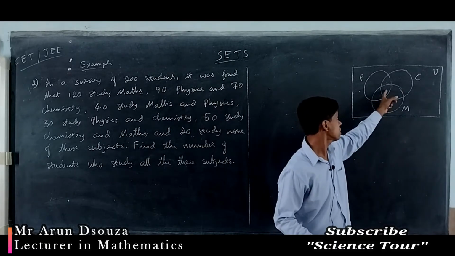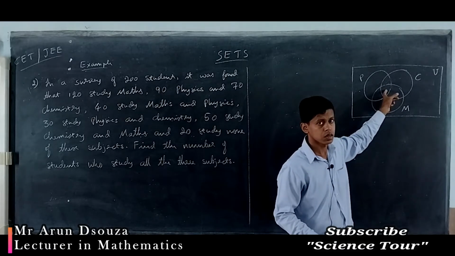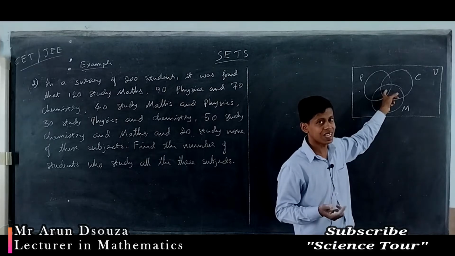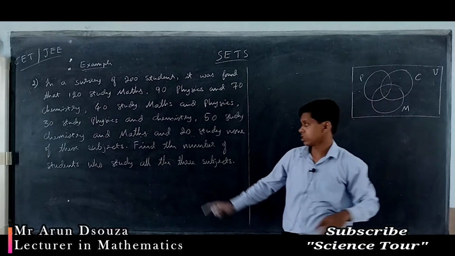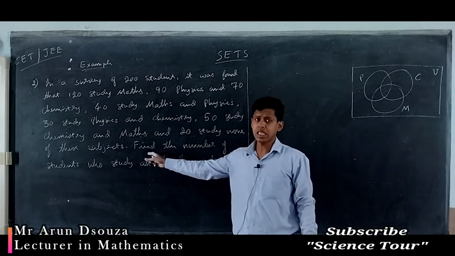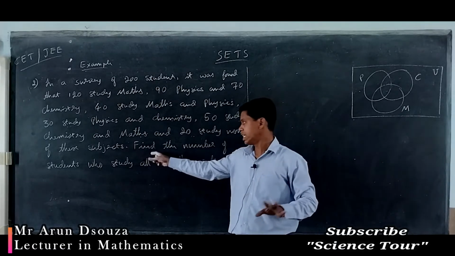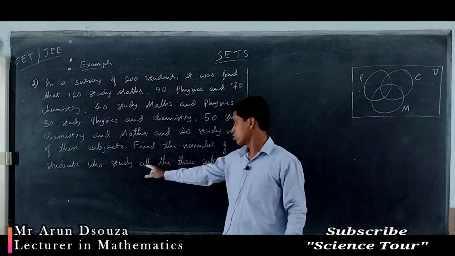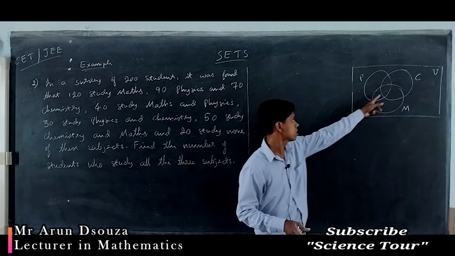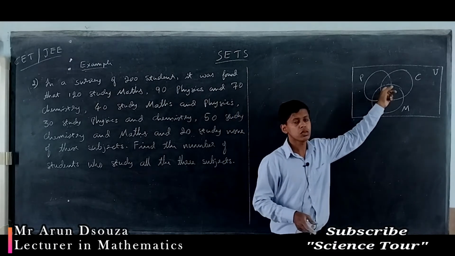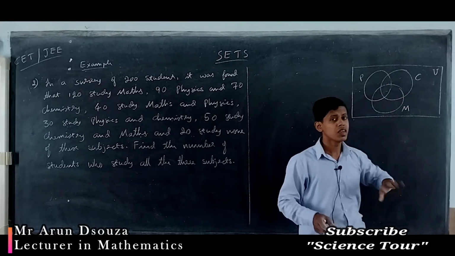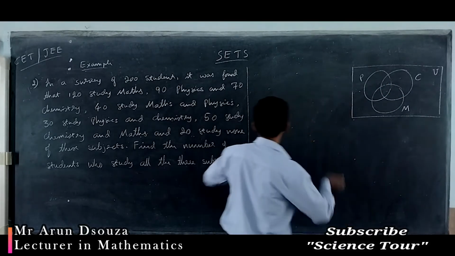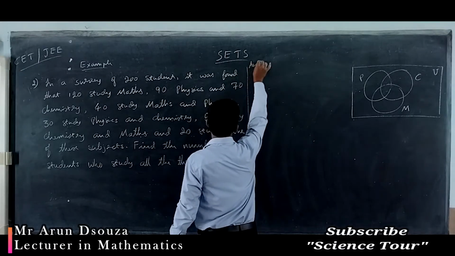So this is the region, the number of students who study all the three subjects. So you have to find exactly that. Without the knowledge of this common region, it's difficult to fill those places. We can try, but let us list the given data first.